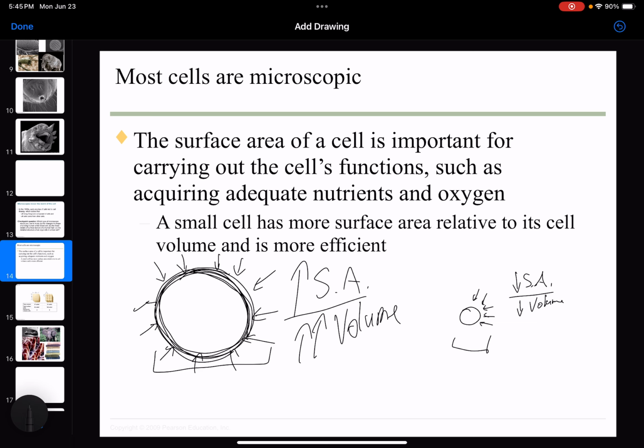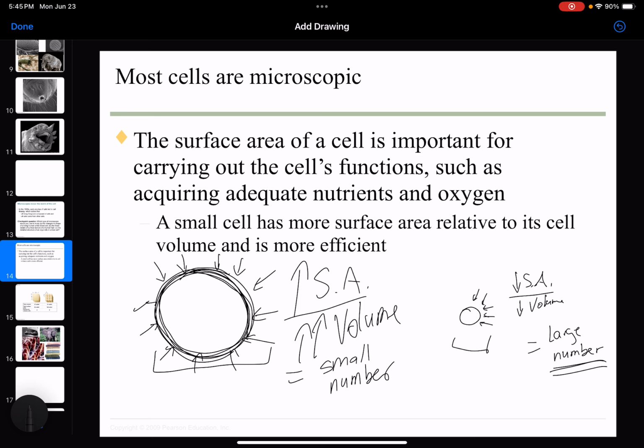If you were to put numbers to the arrows, here's what would happen. This would give you a small number, and this would give you a large number. And the larger the number, the greater your efficiency.